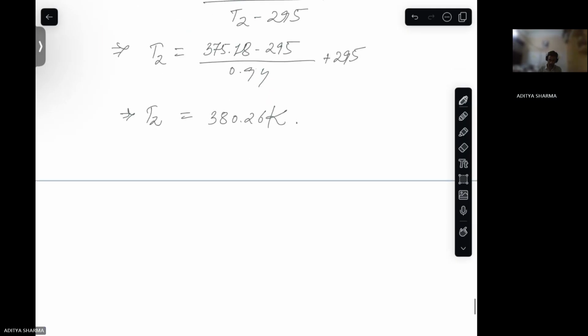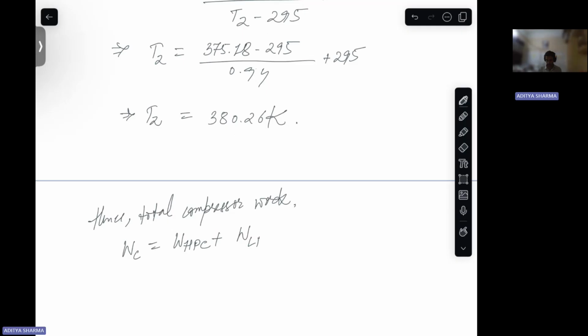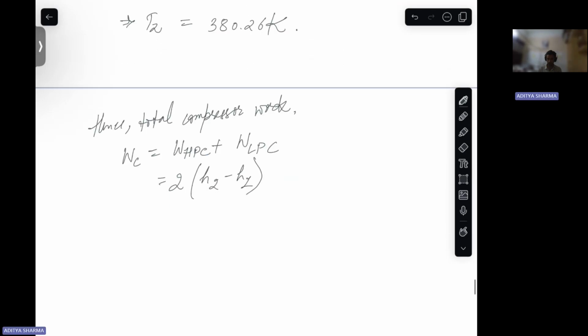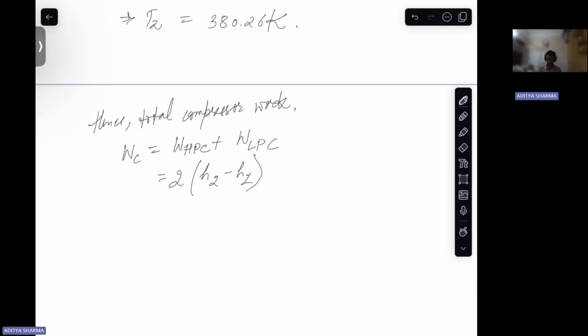Then from here you can calculate the total compressor work. Hence, total compressor work is high pressure compressor plus low pressure compressor, because both are same, so H2 minus H1 will work. So that is 2 into T2 minus T1.